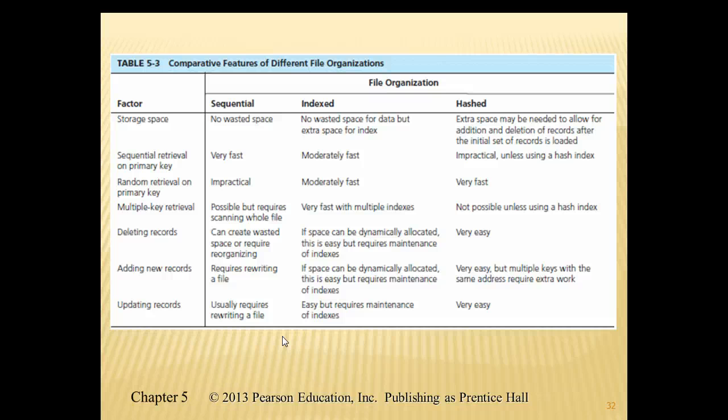Your text also talks briefly about file clustering and when file clustering can be used. On page 229, it also talks about when to use indexes and some rules to follow on that. So take a look through those, and that's about all that I have for the course material this week. There are not a lot of new concepts. It's mostly information building on the concepts that we've already covered.